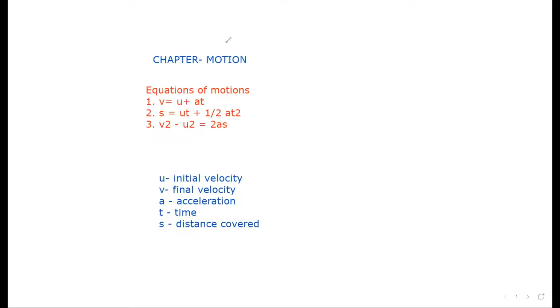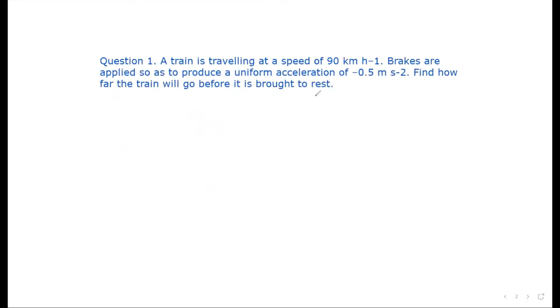The equations are v equals u plus at, s equals ut plus half at square, and v square minus u square equals 2as, where u stands for initial velocity, v for final velocity, a is acceleration, t is time, and s is distance covered. Now we will see how we can apply these three equations in solving our numericals.